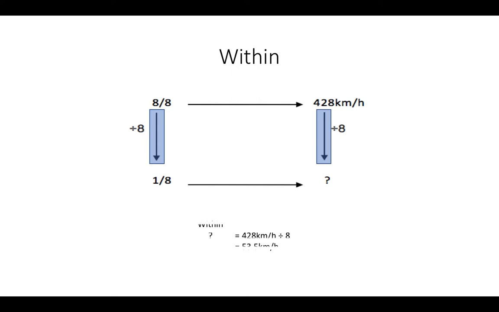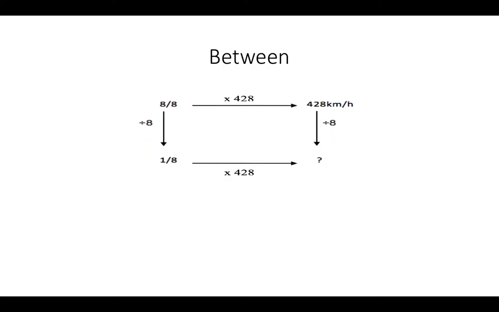So using the within side, 428 divided by 8 will give us 53.5 kilometers an hour. To confirm this, we're going to be using our between. Between will be comparing the two sides, the two different units of measurement. So we're going to have our 8/8 multiplied by 428 give us 428 kilometers an hour. Likewise, we're going to do this on the bottom with our 1/8 scale.